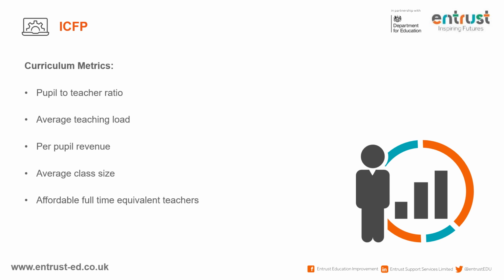They should be used in conjunction with each other and using all of the results to inform those strategic decisions. As part of the resource pack, a useful document is available which demonstrates how to calculate some of these metrics. However, if you are completely new to ICFP, I do recommend booking onto the How to Integrate Curriculum and Financial Planning webinar I mentioned earlier.